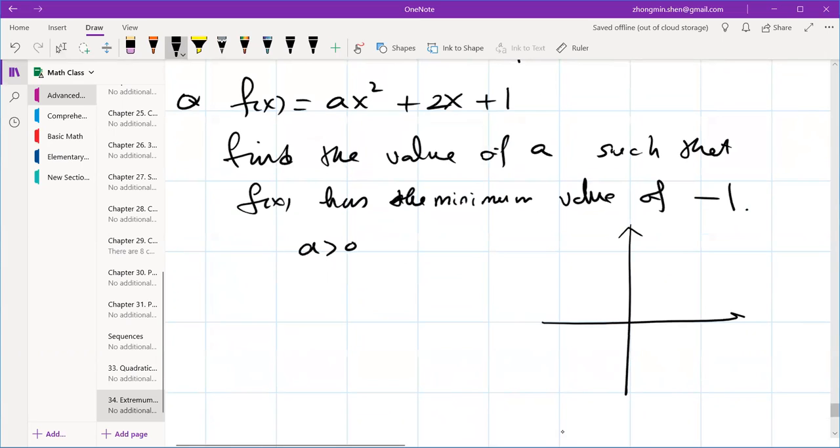It's similar to the last problem. You have a family of curves. I think they all pass through 1. I'm looking for the solution that's like that. So the minimum value is somewhere.